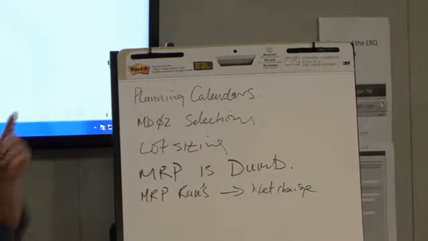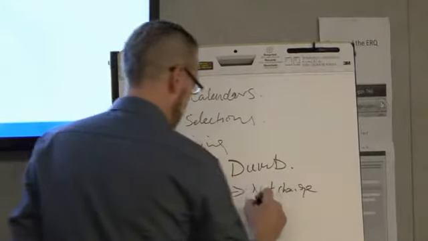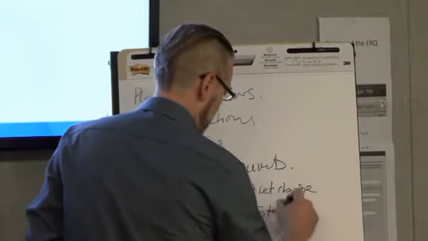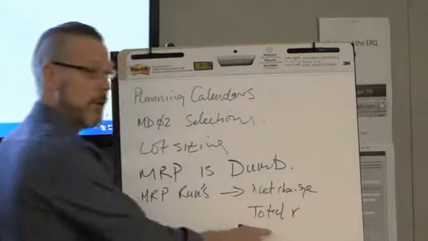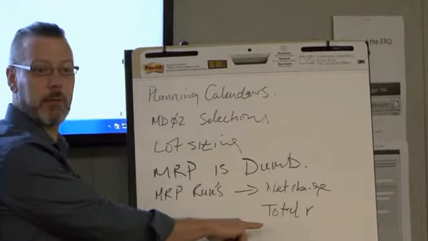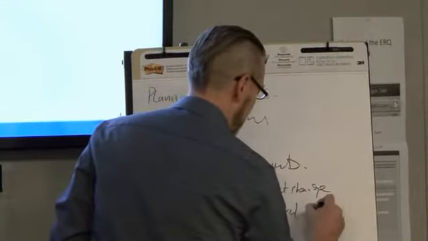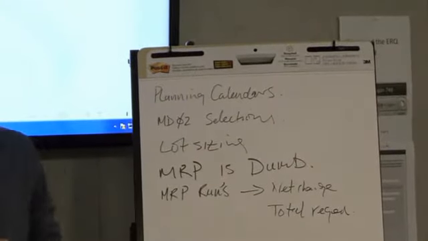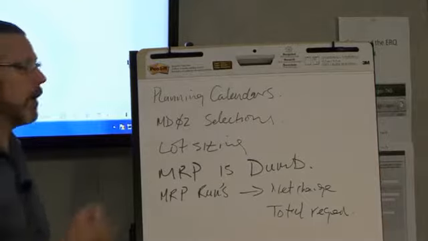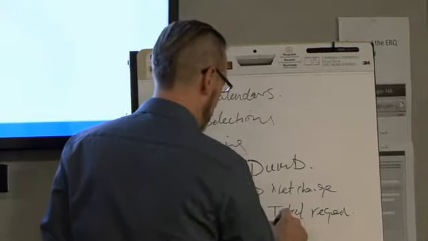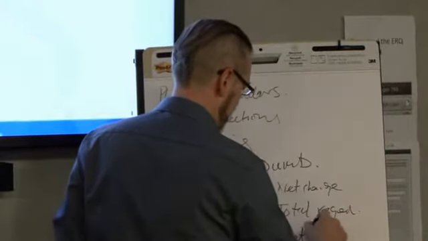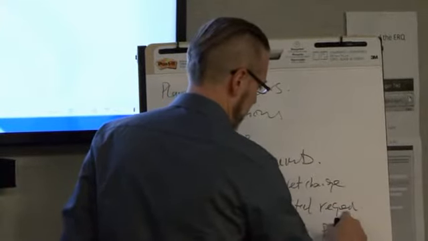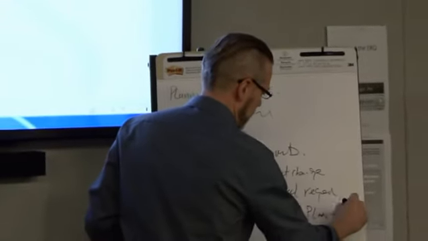Regeneration. Total regeneration? Arnold Schwarzenegger hasn't made a film about that yet. I'm sure he will, right? Total regen. And what was the other one? Net change with the planning horizon, right? Net change planning horizon.